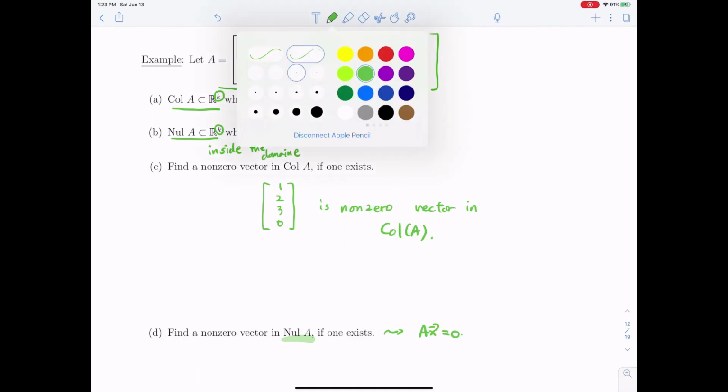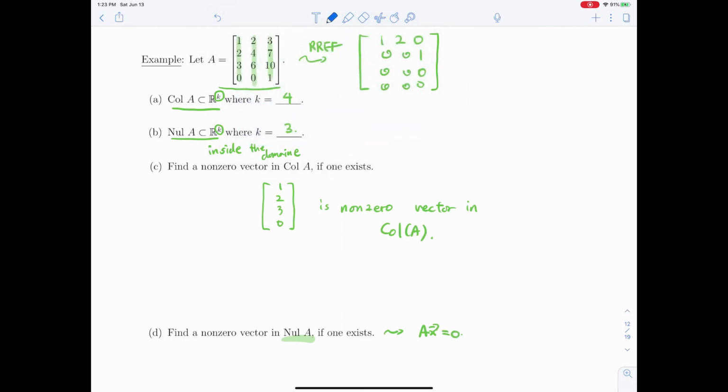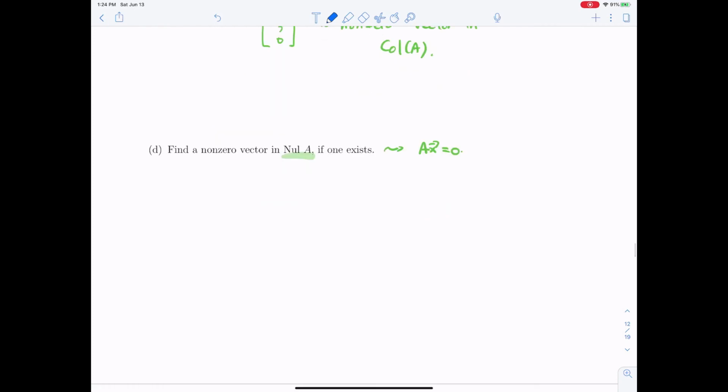And we can find that by using the reduced form of the given matrix. From here, x1 equals negative 2x2, x2 is the free variable, and x3 equals 0. So from there, we get x equals (x1, x2, x3).